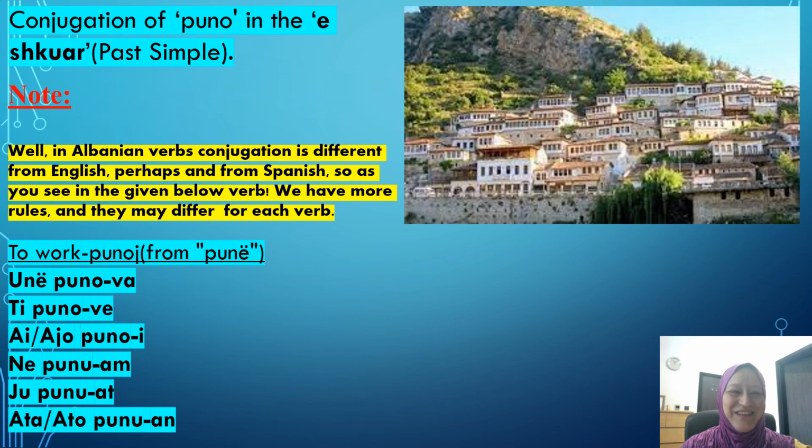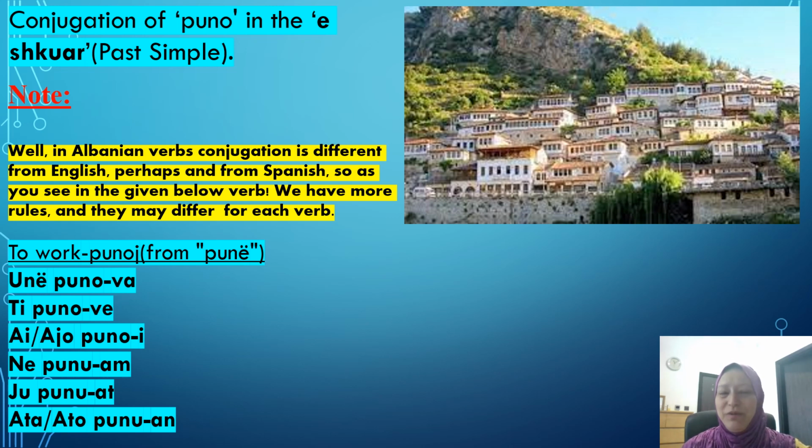Let's continue. And then the conjugation of the verb puno. Puno means work. So on punova, which means I worked. As you can see here, the ending is a little bit different, and generally in Albanian the conjugation is different from English.